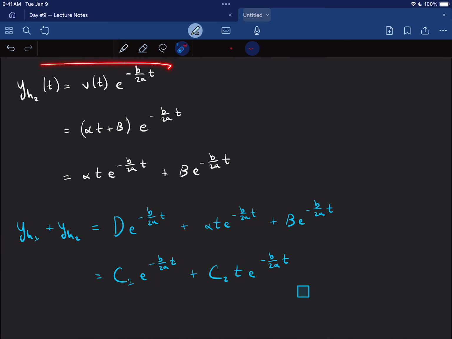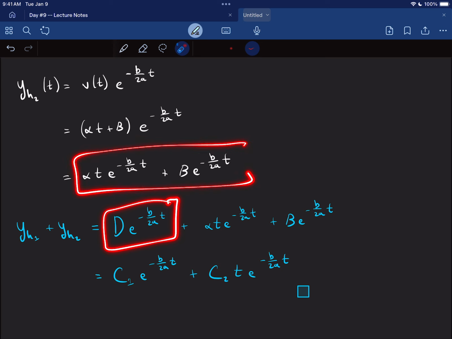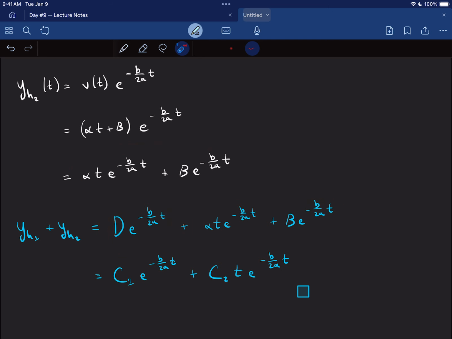I've written this out. Here's that second solution. I plugged in the alpha t plus b, and to show you what happens, let's expand this. Let's distribute this, and I get that. Now, per what we've done before, per superposition, you are allowed to take our original answer and the second answer and add them together, and it is still an answer to the differential equation.